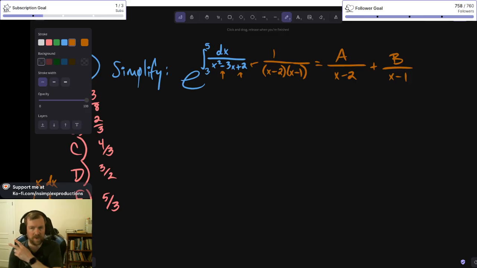We then multiply through by x minus 2, x minus 1, and we get 1 is equal to a times the other one, so x minus 1, plus b times the other one, which is x minus 2.